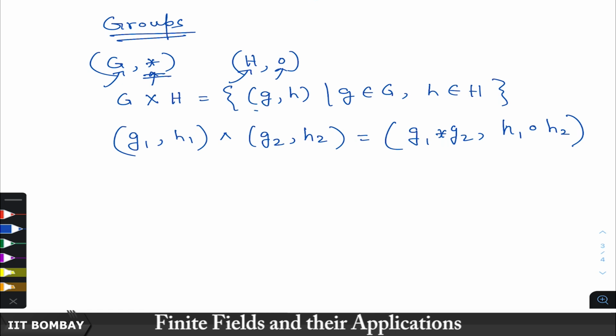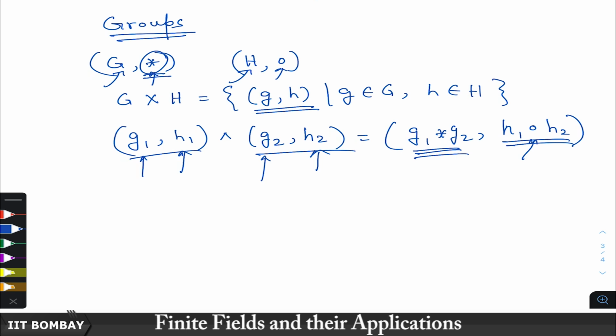Operation between the pairs of elements is simply defined component wise. Between the first components there is an operation defined in G, so use that. Between the second components, again there is an operation defined in H, use that for the second component. That is how the operation between the pairs is defined.